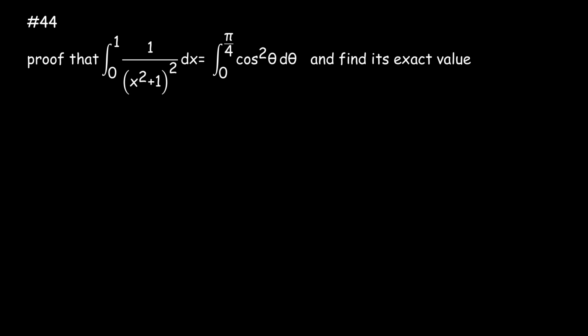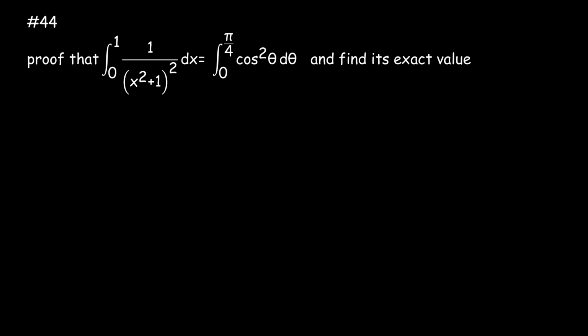Question 44 wants us to prove that the integral from 0 to 1 of 1 over x squared plus 1 all squared dx should be equal to the integral of cos squared theta d theta from 0 to pi over 4, and find its exact value. Okay, let's start off with the first part.